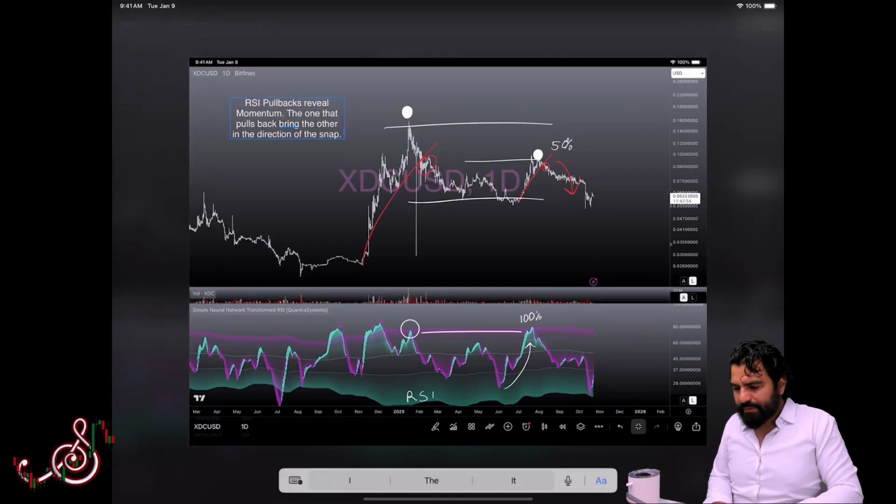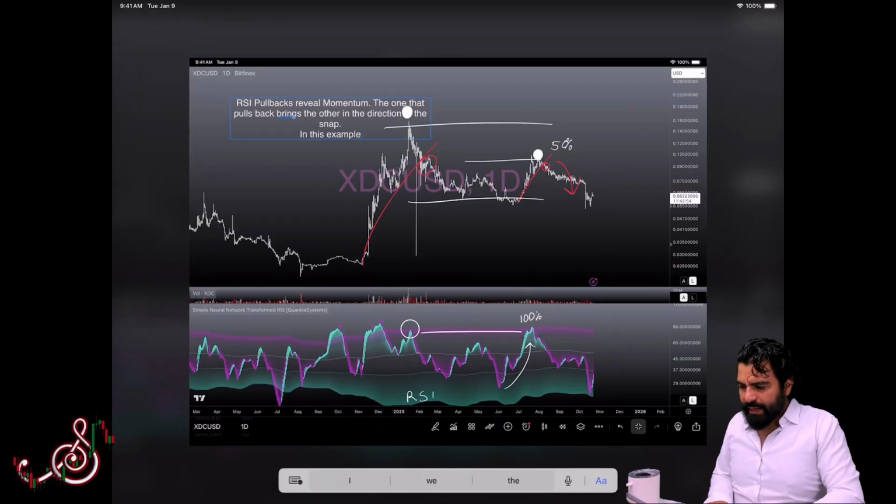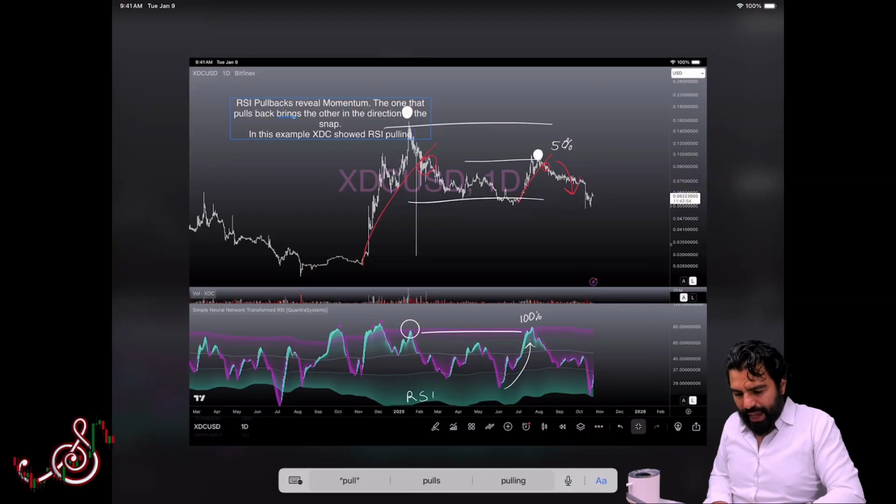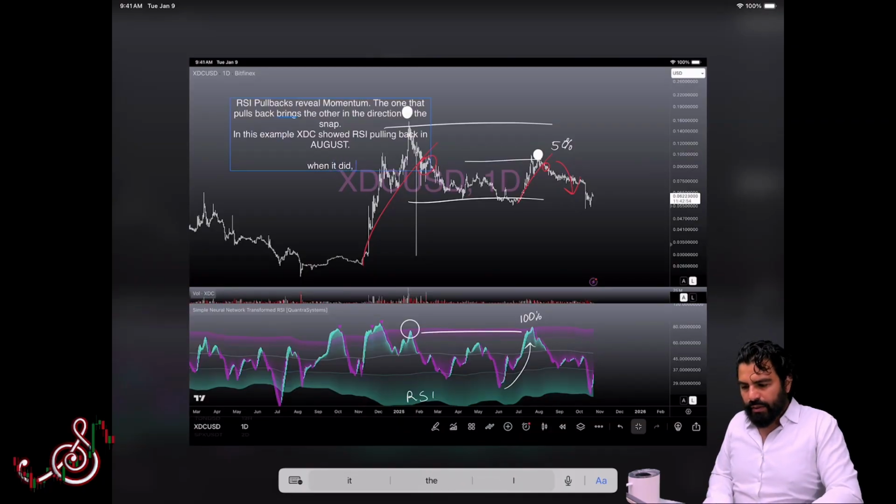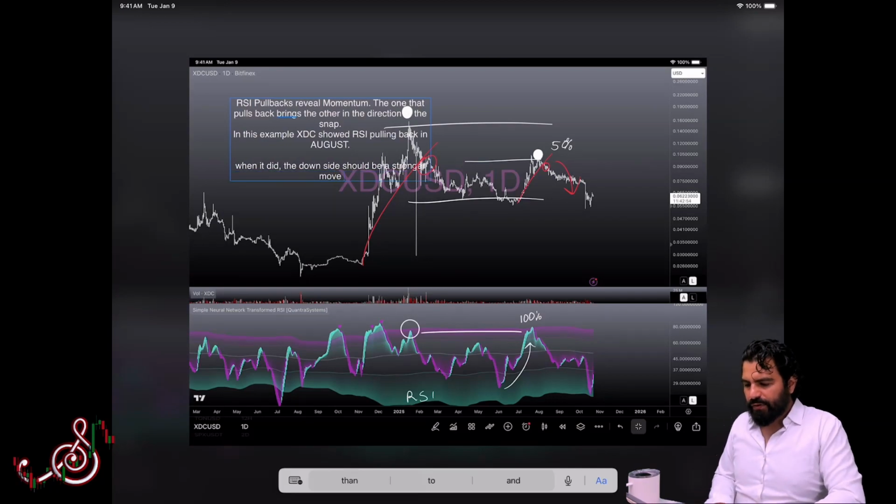In this example, XDC showed RSI pulling back in August. When it did, the downside should be a stronger move for price.